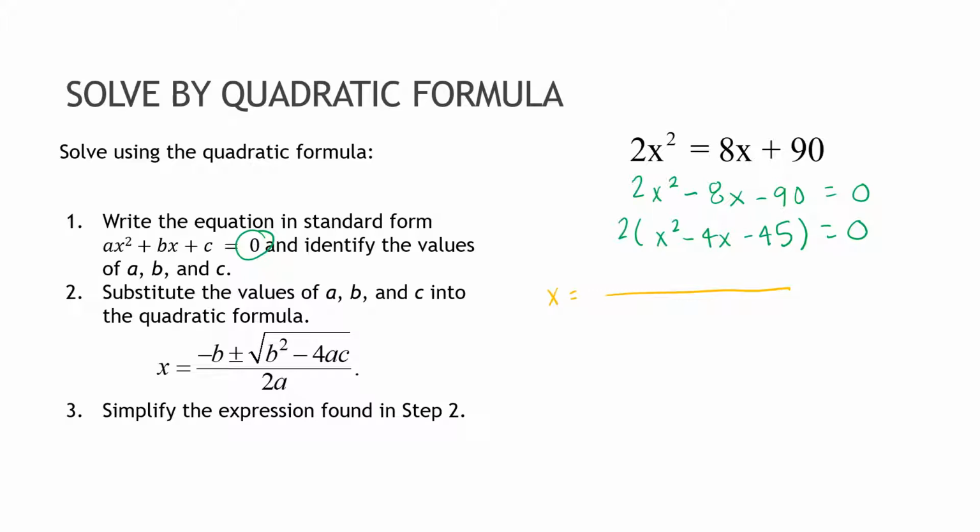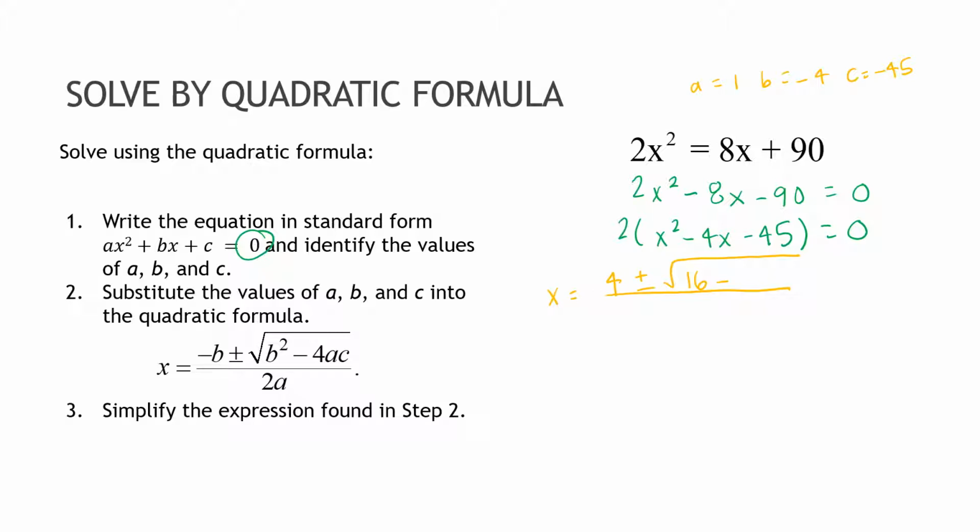So A is 1, B is -4, C is -45. So x equals the opposite of -4, that's 4, plus or minus the square root. B squared is -4 times -4, that's 16, minus 4 times 1 times negative 45.